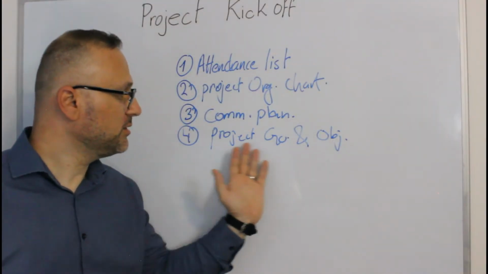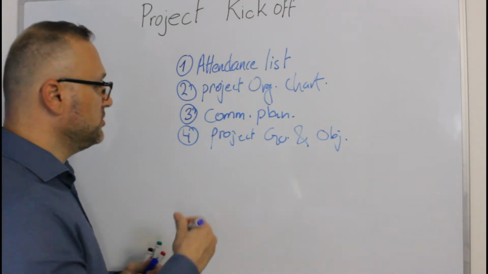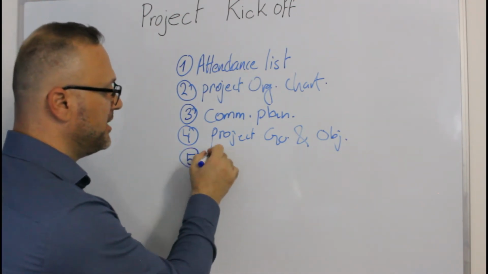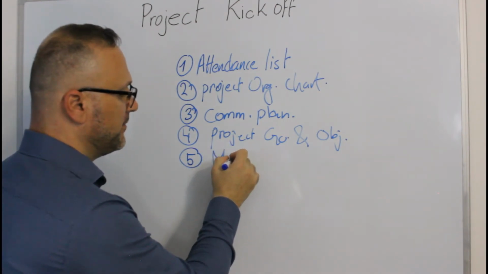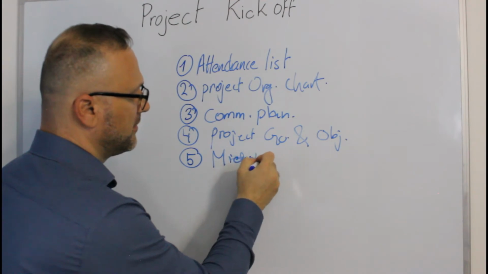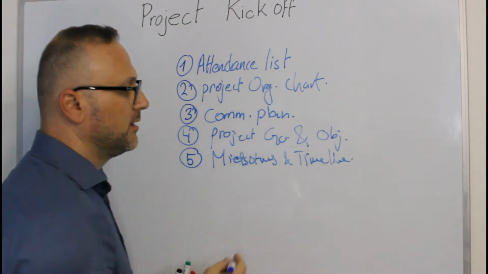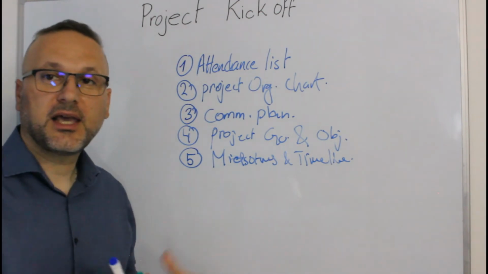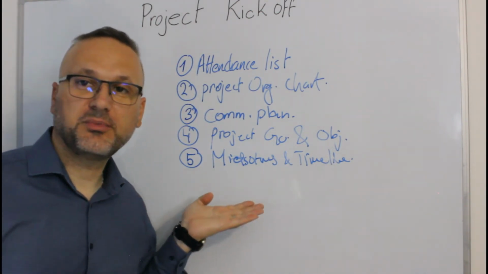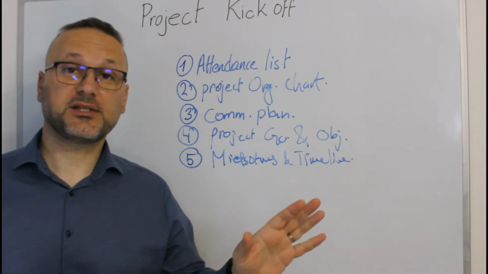So once you agreed with the client about the objectives, now you need to go through the major milestones and timeline. The milestones and the timeline of the project have to be agreed during the kickoff meeting if there is any problem.